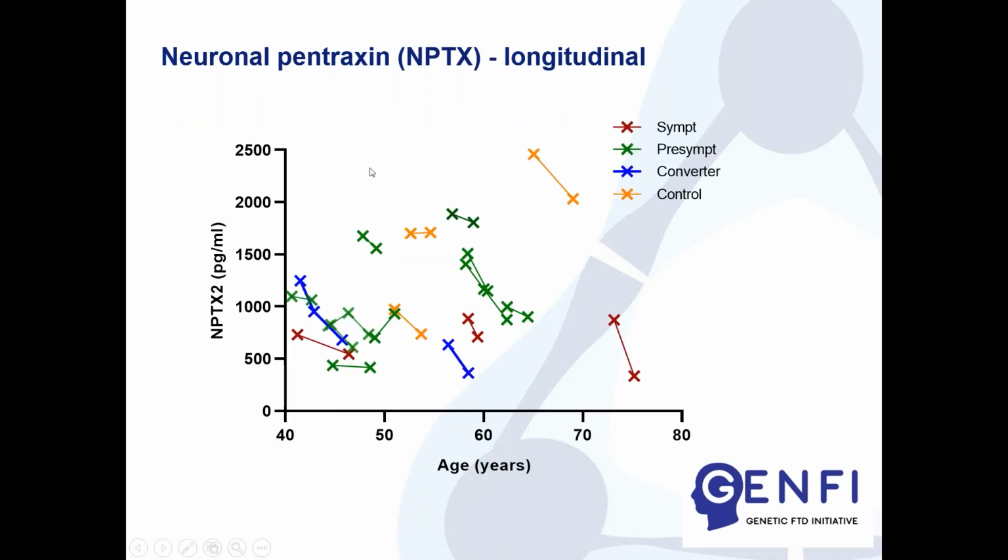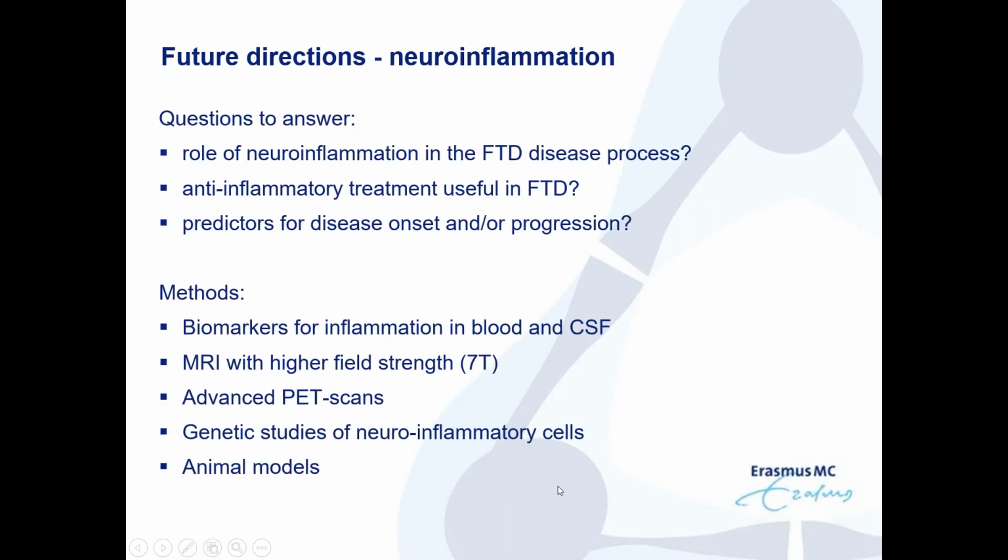And when looking at it longitudinally, it's interesting to see that around the time of symptom onset, there's a really prominent decrease in this protein. And therefore, we think that this protein might be valuable to predict symptom onset. And we see an even further decrease during the symptomatic stage of the disease.